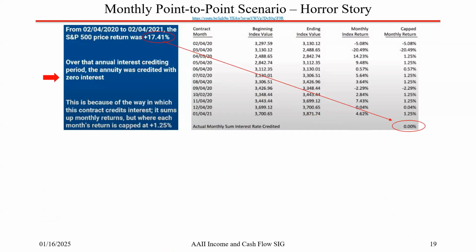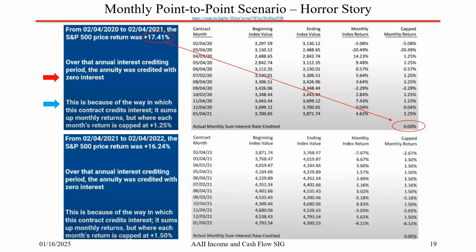So compared to yours, and so how they credit interest, here's the monthly, which is terrible. And if you look at the next example, it's the next year, right? From 21 to 2022, the index went up 16%, and you got 0, for the same reason.